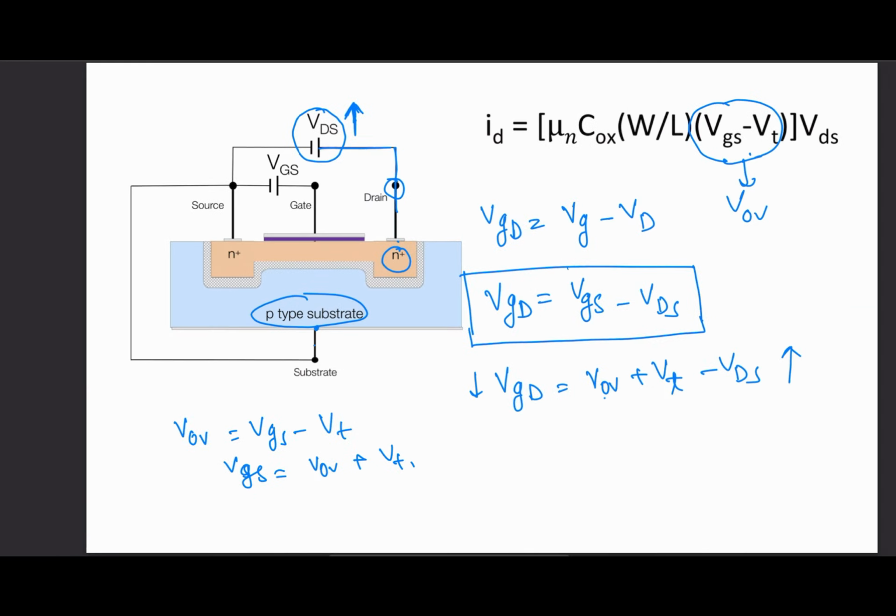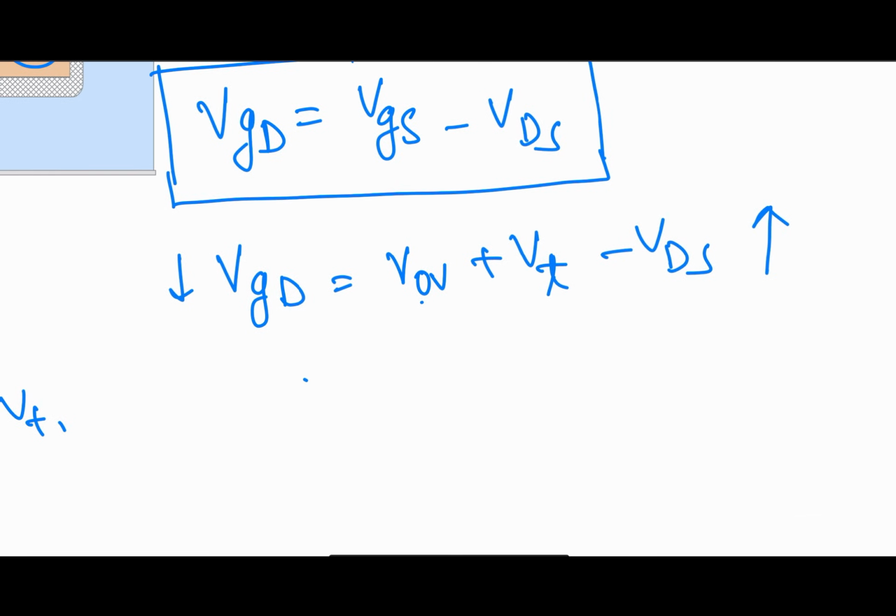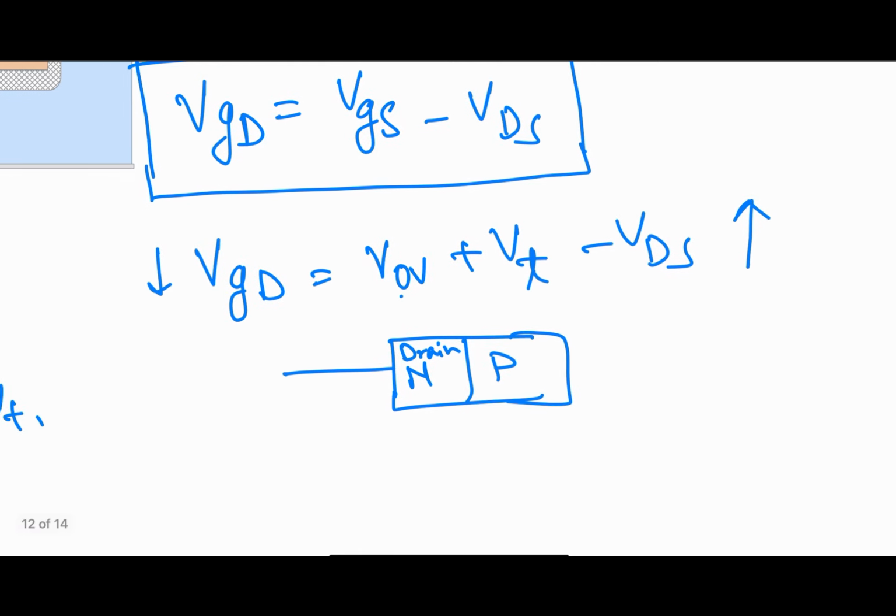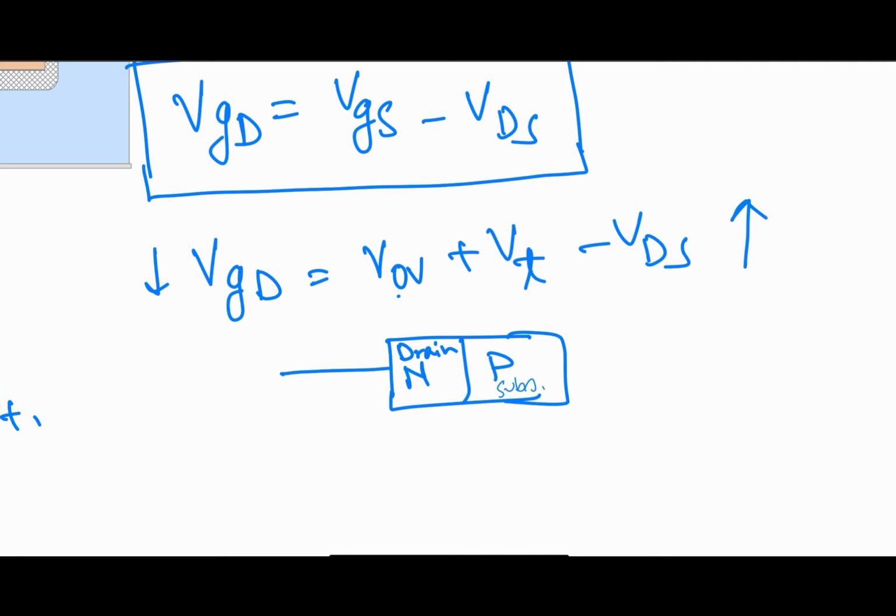So we can consider this one as, this is an n-type, this is a p-type. N-type is the drain and p-type is the substrate. Okay, and now you just connect a voltage source. Here you can see this is the positive terminal of the voltage source and this is the negative terminal.